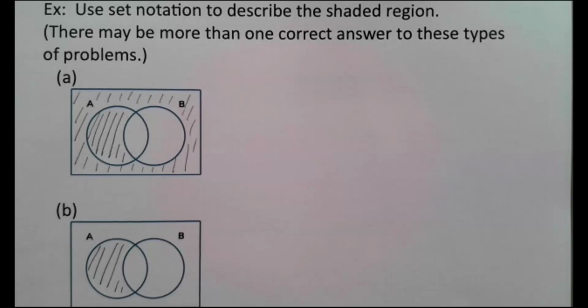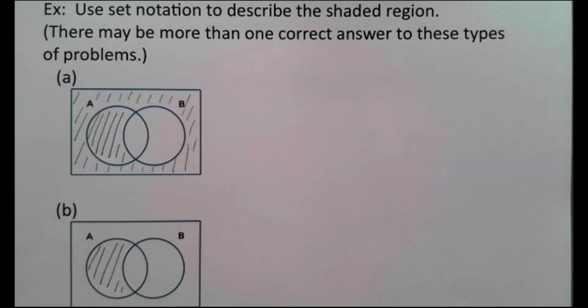But let's go ahead and see what one of the answers would be. For this first one, look at what's shaded and think about how you could describe that in set notation. That's what the question's asking. Notice that the B circle's not shaded, but everything else except the B circle is shaded.